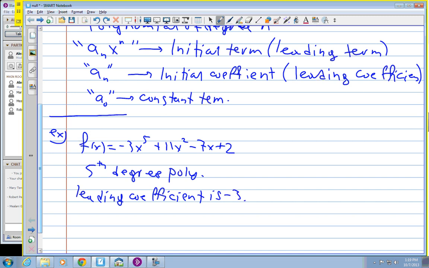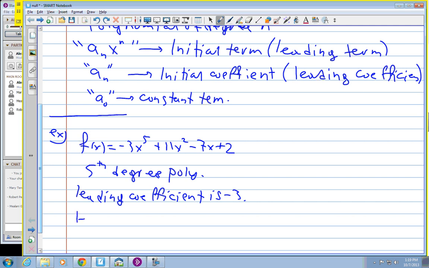Okay, so for a sub n x to the n is the initial term, we want to call that the initial coefficient. So these just happen to be the same? Or what's the difference between the initial coefficient and the leading one? Well, the term carries the x, and the coefficient does not. So the coefficient is just the constant, while the term carries the variable as well.